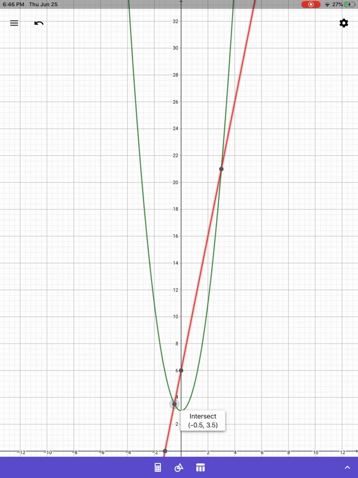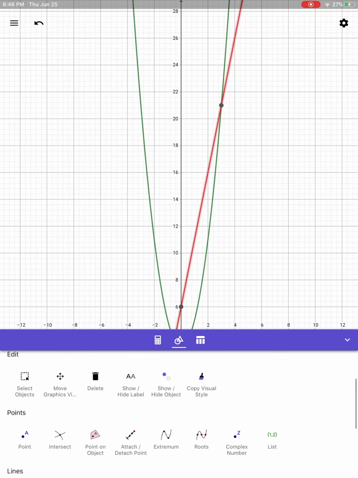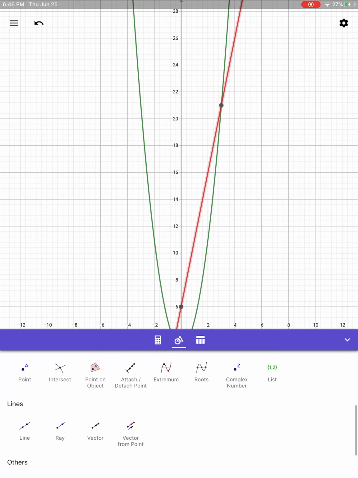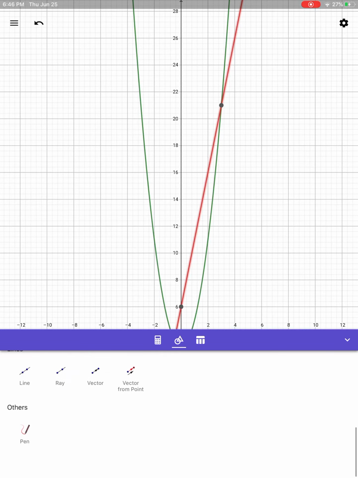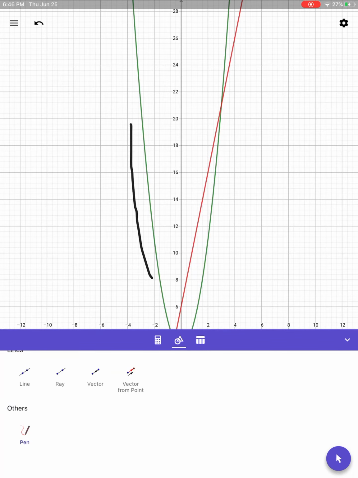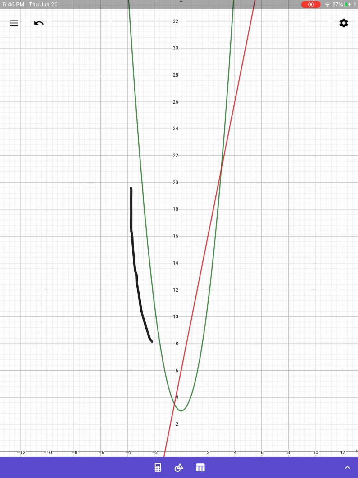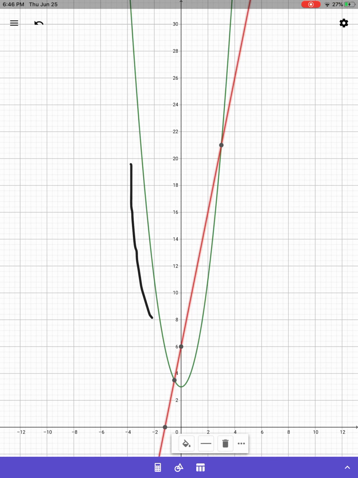Even before this, the green line is taking the higher values than the points here, correct? After 0.5 comma 3.5. Therefore, what would be the solution?